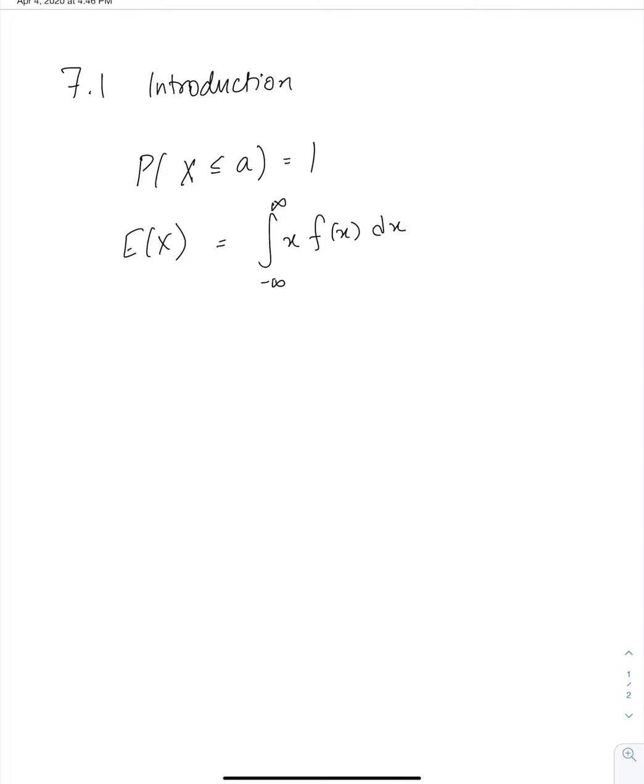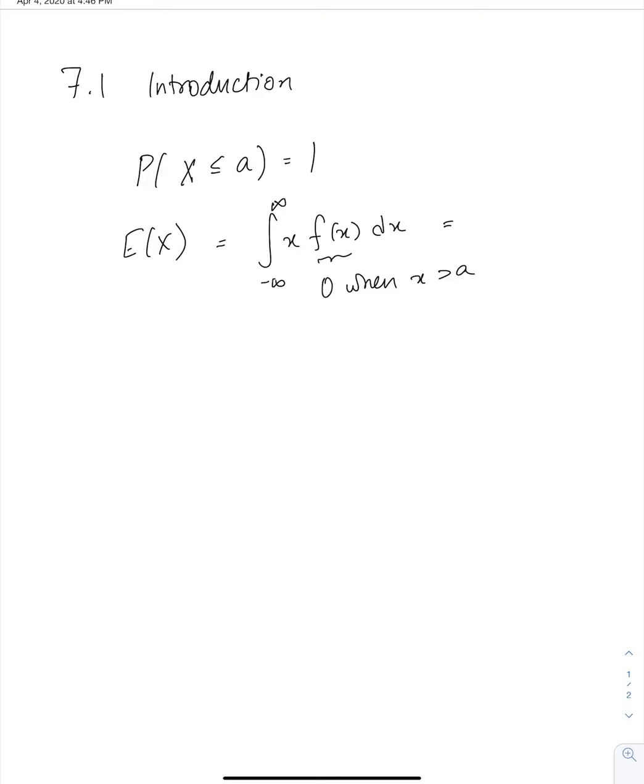And you know that the random variable x is less than or equal to a with probability 1. So this density is 0 when x is bigger than a, correct?